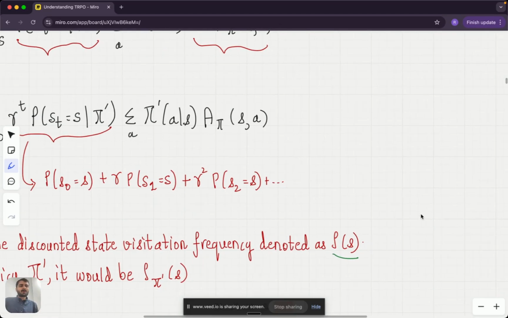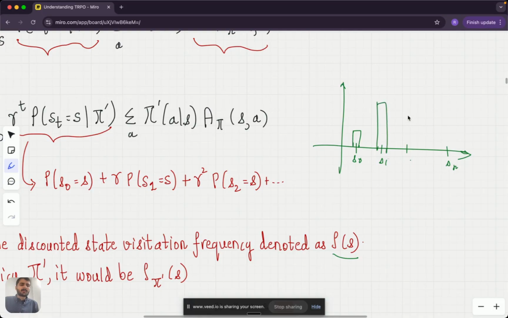Let's try to understand what the state visitation frequency is. Let's say you have all these states s0, s1, s2, dot dot dot sn, and every state has a different frequency of visiting. So you calculate how many times the agent has visited each state, you add them up, and you divide by all the states which the agent sees in the episode. Here I can see that S2 has the maximum probability.